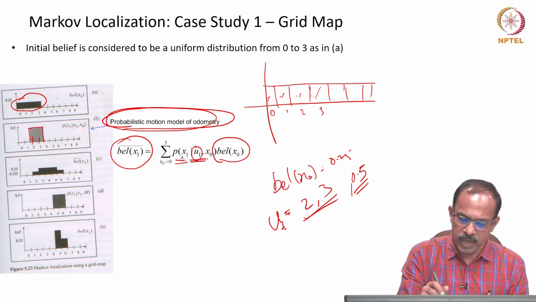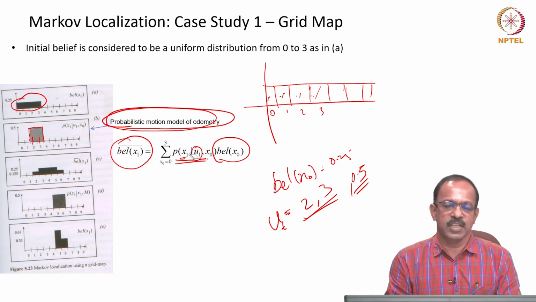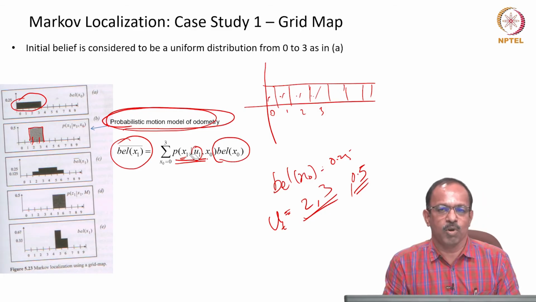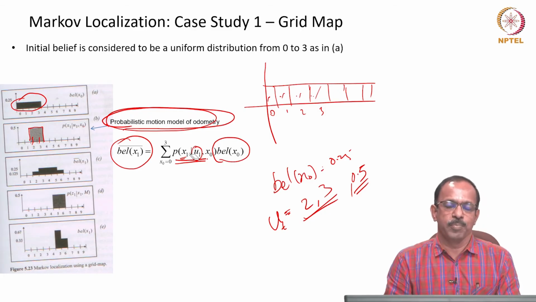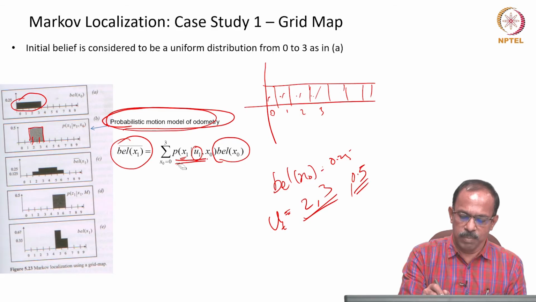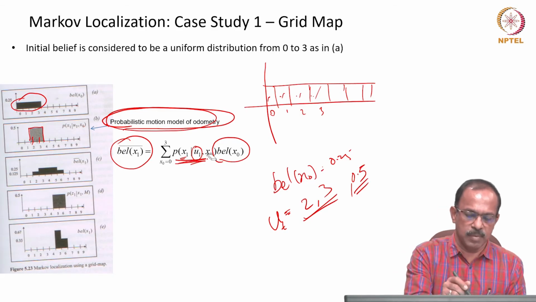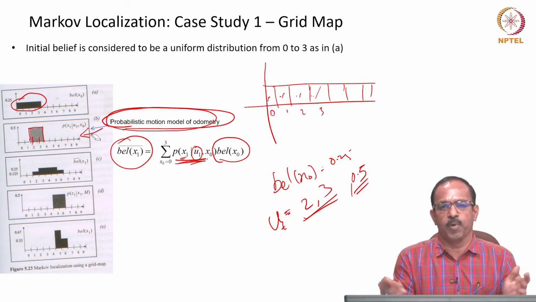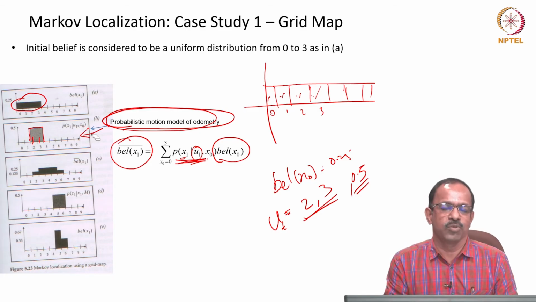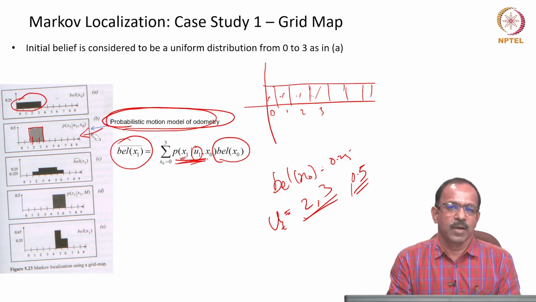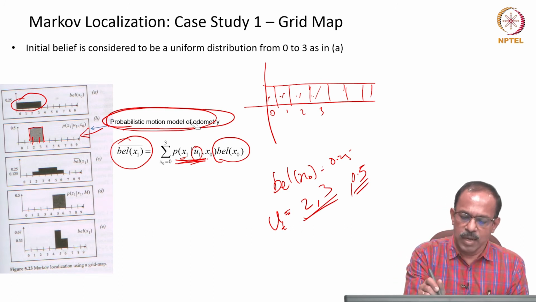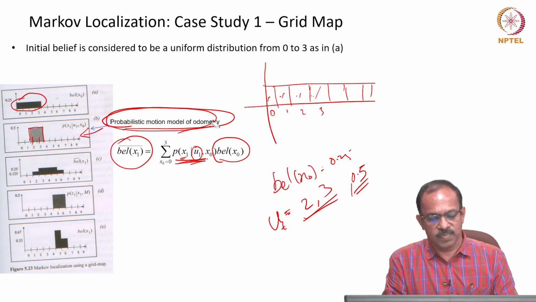So x1, the position that the robot could have reached with control input u, is given by P(x1 | u1, x0), the probabilistic model with a probability of 0.5. That is basically the motion model for odometry.